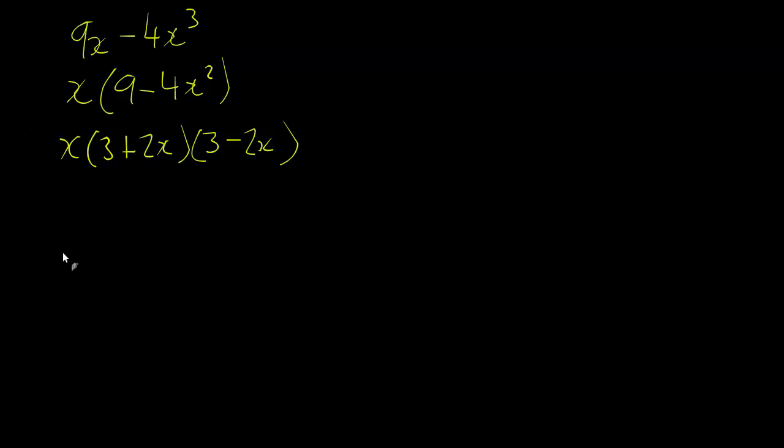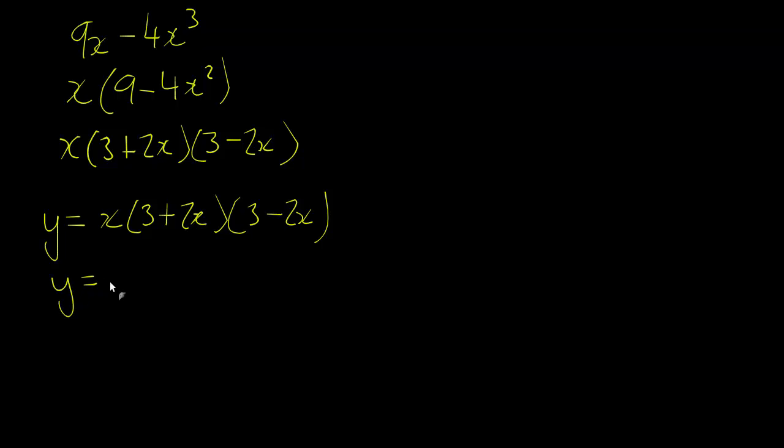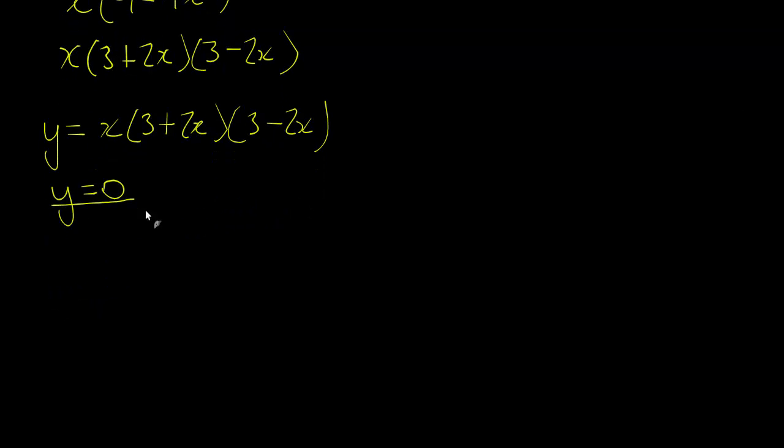So let's make it y equals x, 3 plus 2x and 3 minus 2x. So whenever I sketch, I like to do the y equals 0 first. So if y is 0, that means we have 0 equals x, 3 plus 2x, and 3 minus 2x.